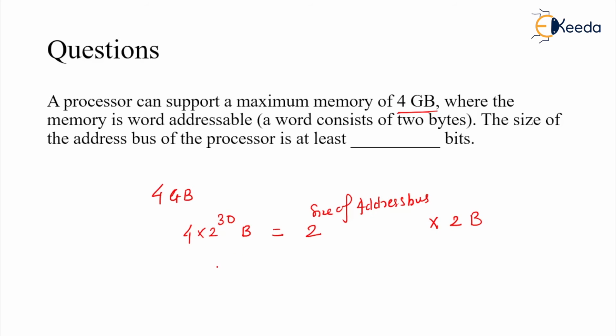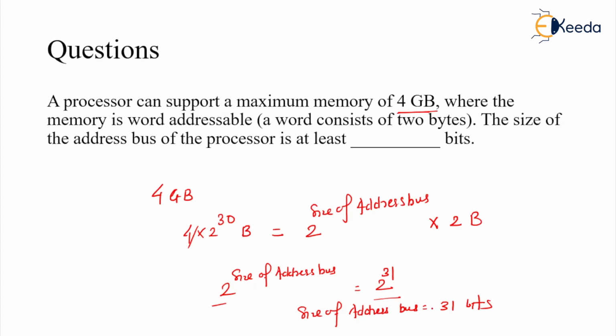So this is my equation, and this 2 and this 2 will be gone, and 2 to the power size of address bus will be equal to 2 to the power 31. Now I can equate the powers since the base is equal, so the size of the address bus will become 31 bits. Okay, so that is for this.